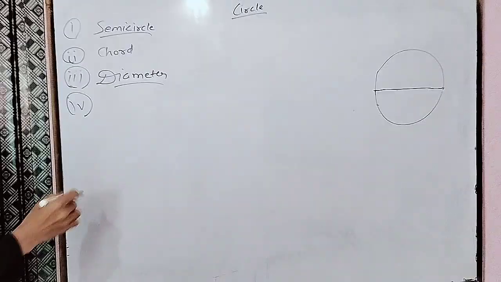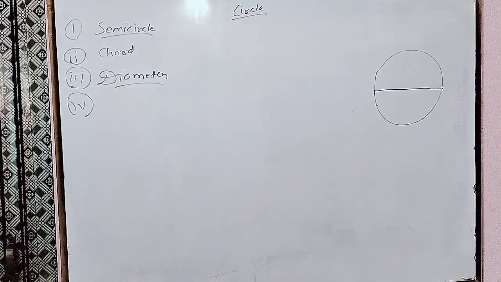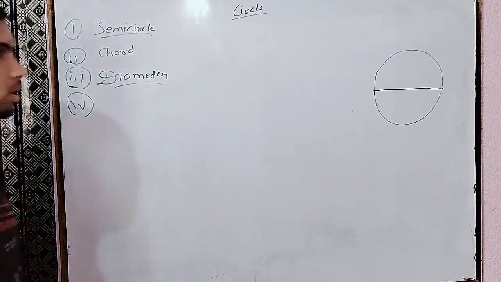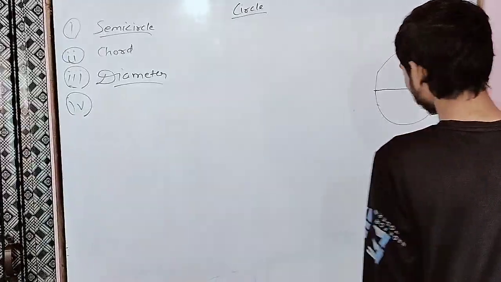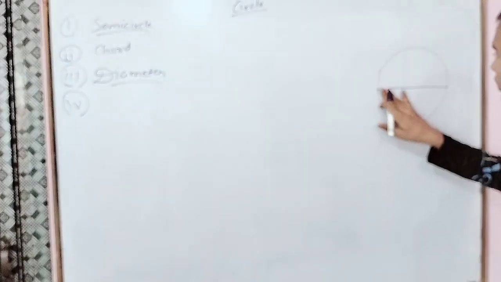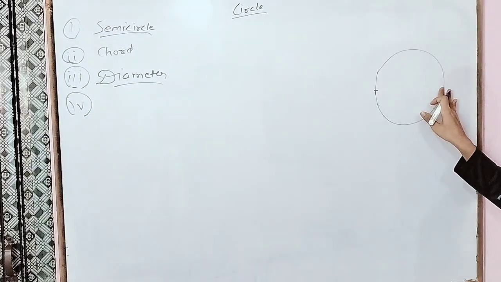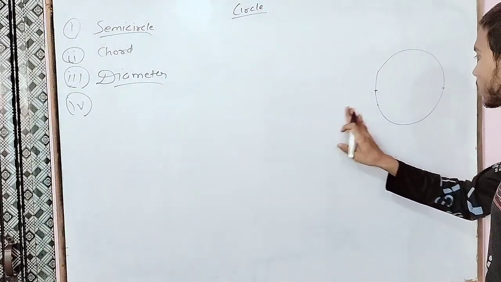Now next question, which is for a circle divides the plane on which it lies. So here one point more you can understand from here. This circle is dividing the plane in three parts.